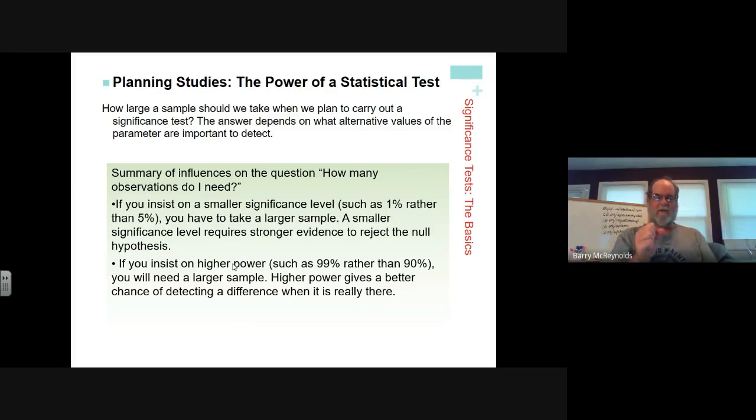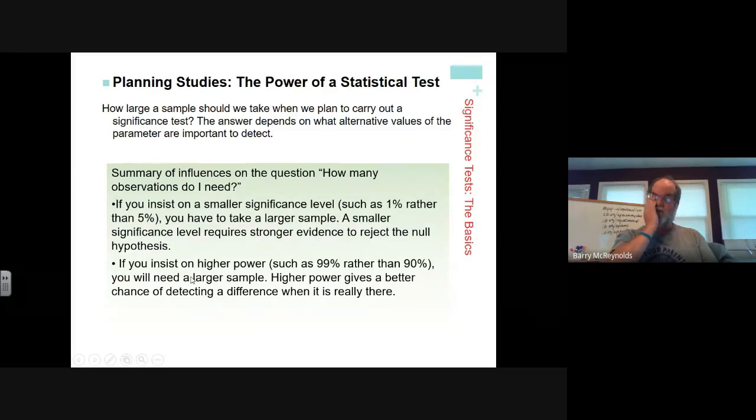So to see a really, really small element on the slide, you have to go to a higher power. Well, that's what happens here. To be able to detect a difference between your null and alternate hypothesis, you have to use a higher power, which again requires a larger sample.